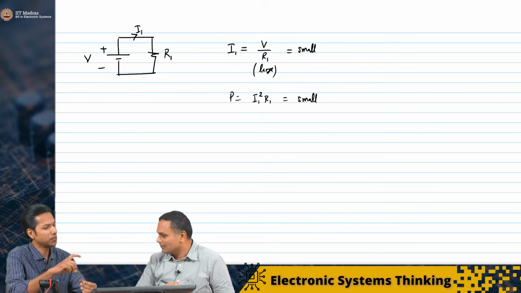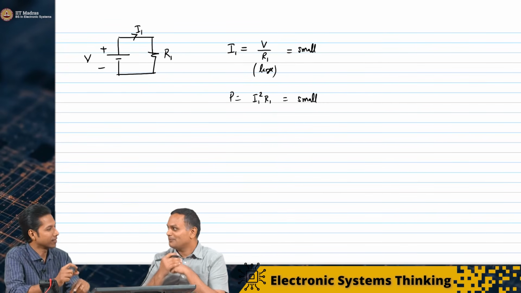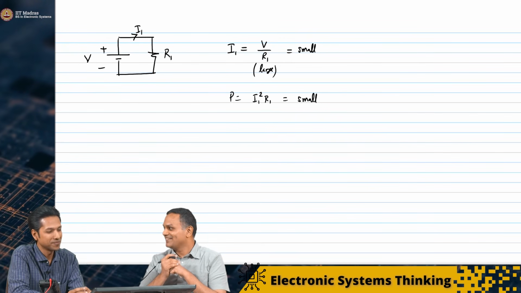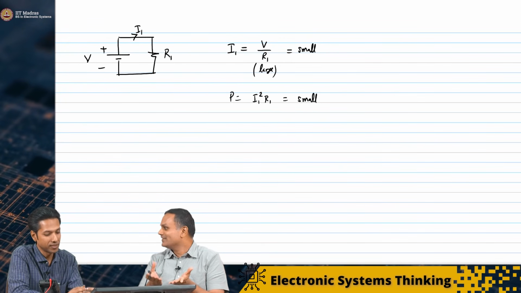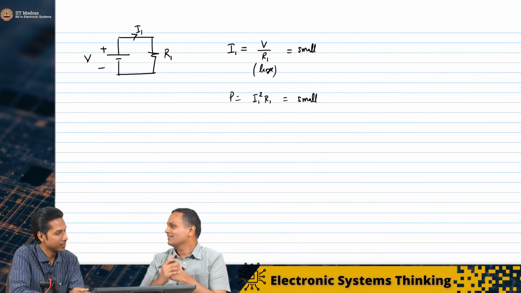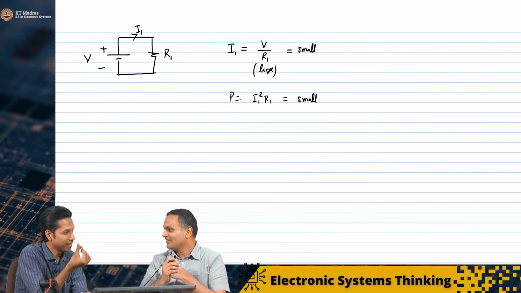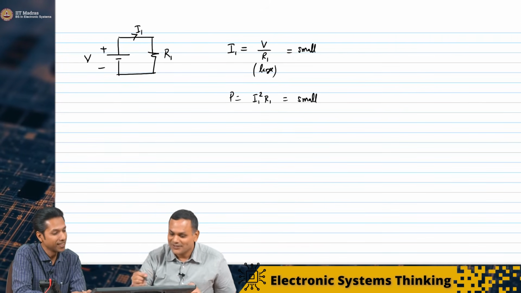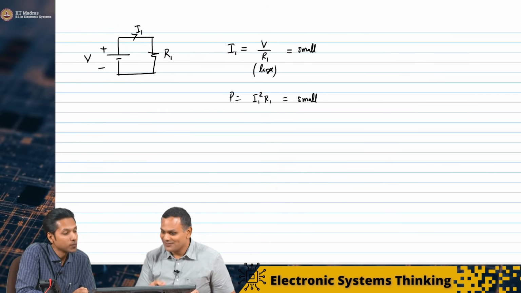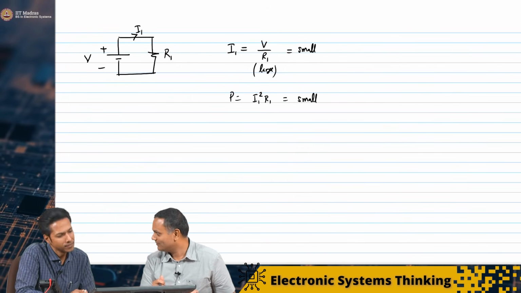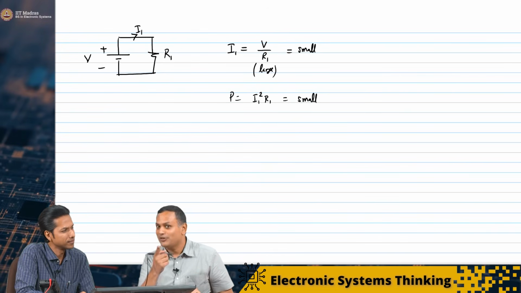Suppose I had to increase the current. Is there a way? Yes, of course. Maybe you can suggest some ways. I can have a different battery, or actually I have one more battery. Oh, nice. Let us try that, to increase the current in this situation with large R1. Please don't try this experiment at home.